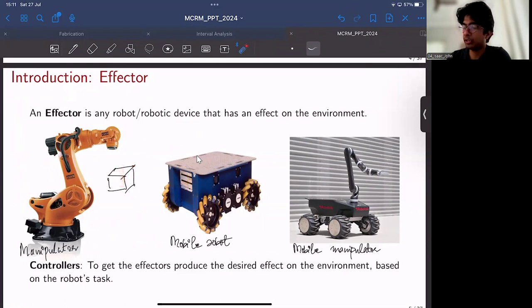So the effect of the manipulator on the environment is to manipulate the objects around it. Those sorts of effectors we would call manipulators.